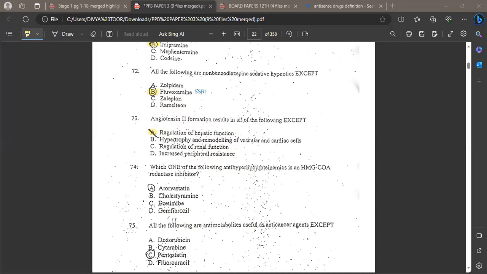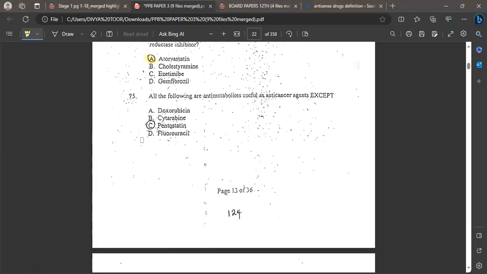Which one of the following hyperlipoproteinemics is an HMG CoA reductase inhibitor? Atorvastatin. All the statins are HMG CoA reductase inhibitors. Since we are on it, we can see what the other classes are, what the other drugs are.